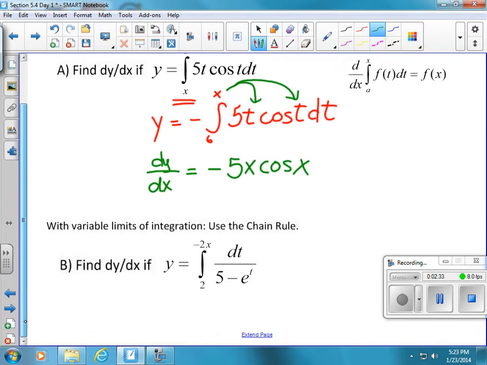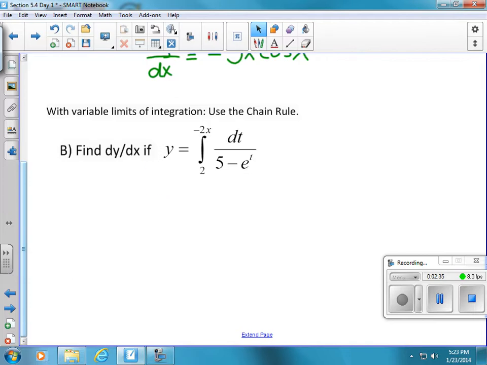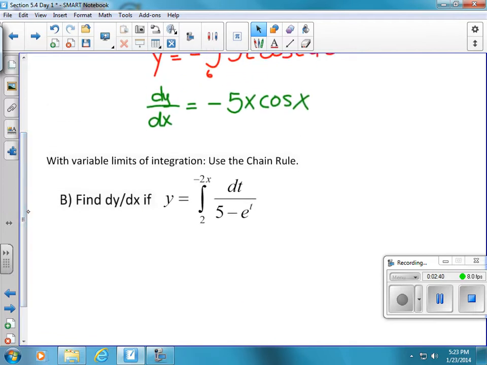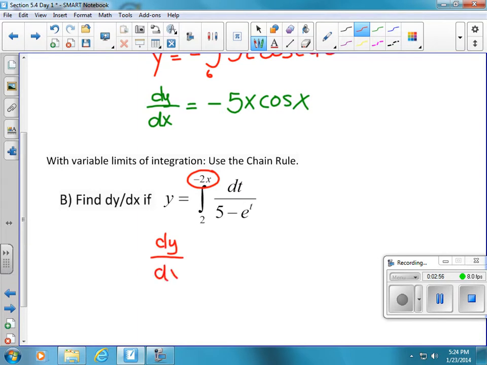All right, now there is a little bit of a twist. When your upper limit is a variable that could be differentiated, you're actually going to multiply your answer times the derivative of that variable function. So not too difficult again, dy dx equals, all right, so we're going to take 1 over 5 minus e to the 2x, and actually it's negative 2x.